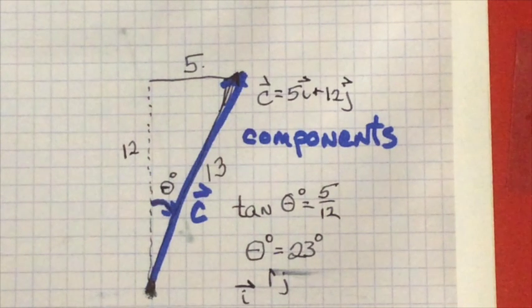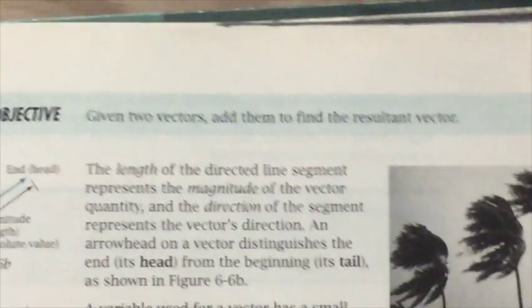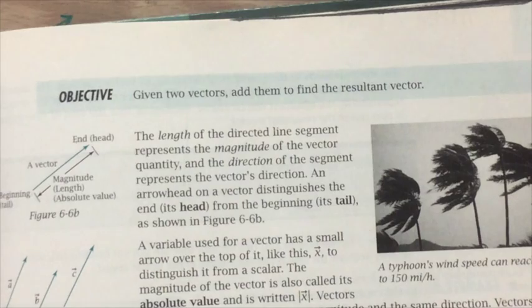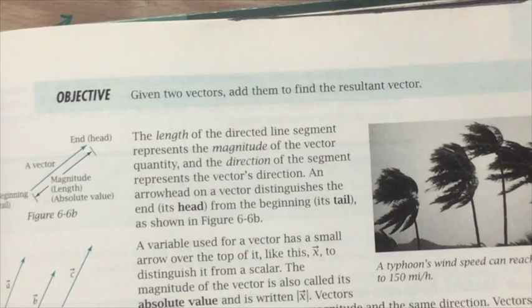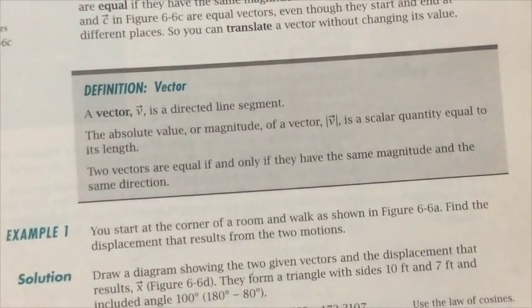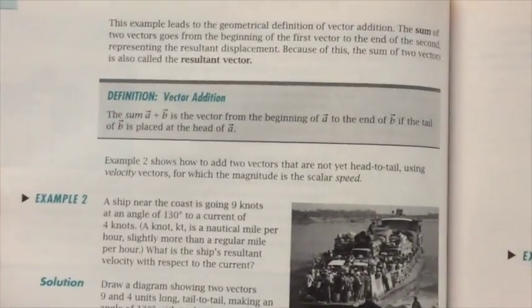Just like last semester, the objectives in the textbook are written clearly. For 6.6, it's just, given two vectors, add them to find the resultant vector. Then, what do you have to know? You have to have the definition of a vector, vector addition, which is what we just did, and finally, components of a vector.